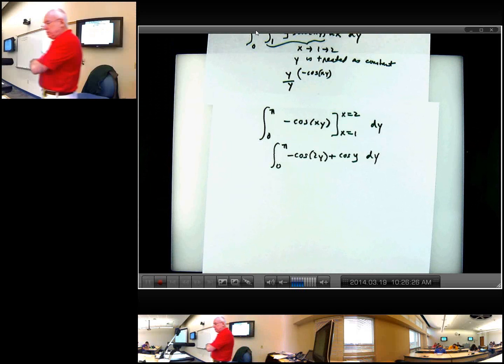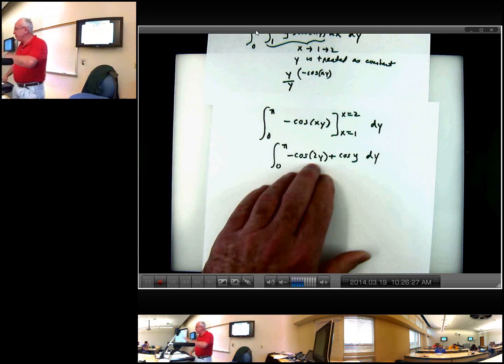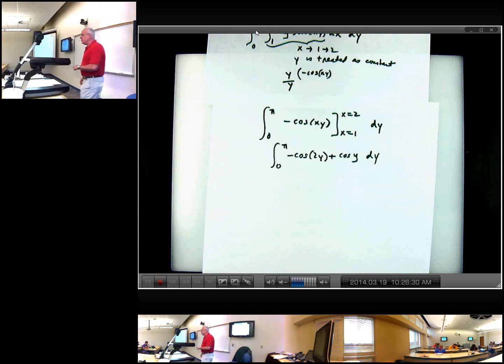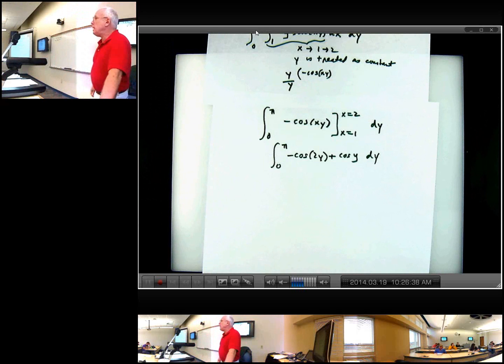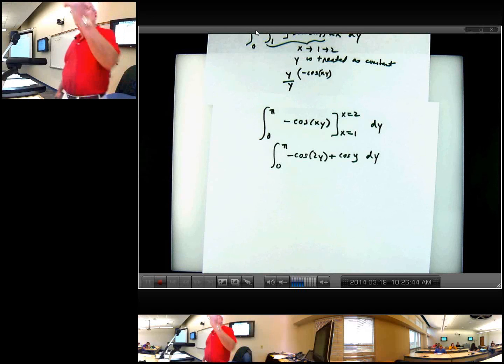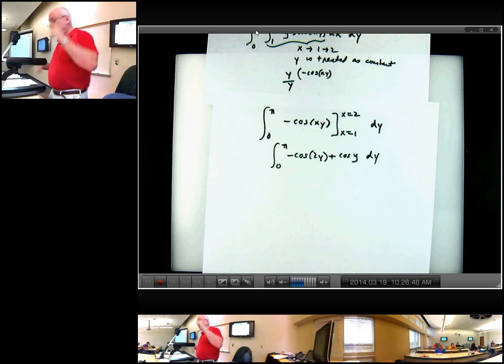Now, again, formal u substitution is nice, but you can do it faster. So what's the antiderivative then of the negative cosine of 2y? Negative 1/2. Yeah, right.